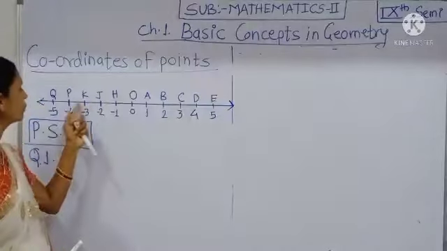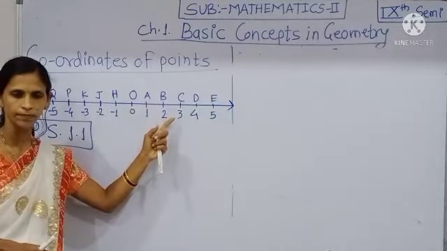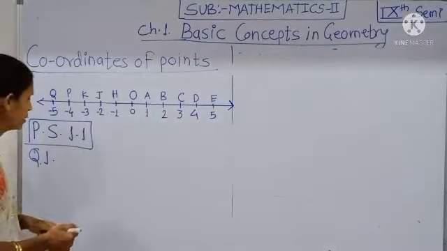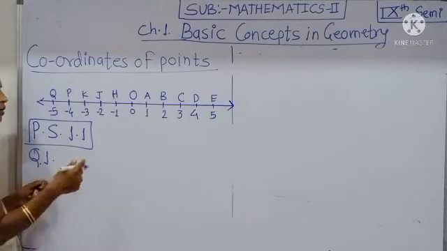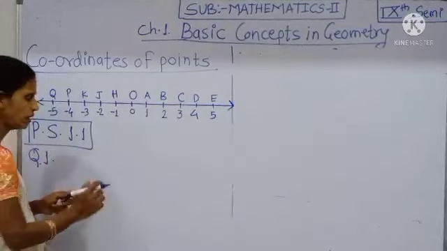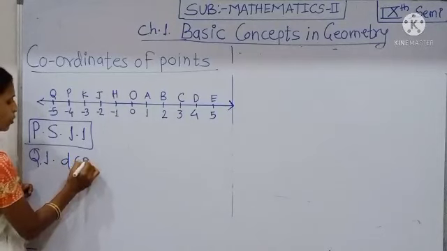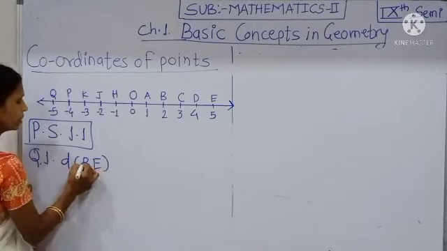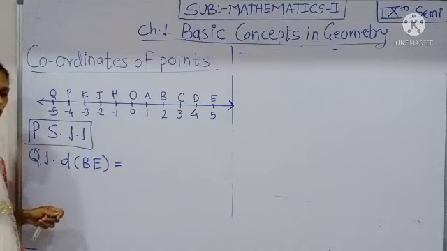Observing that number line, we have to determine the distance BE.